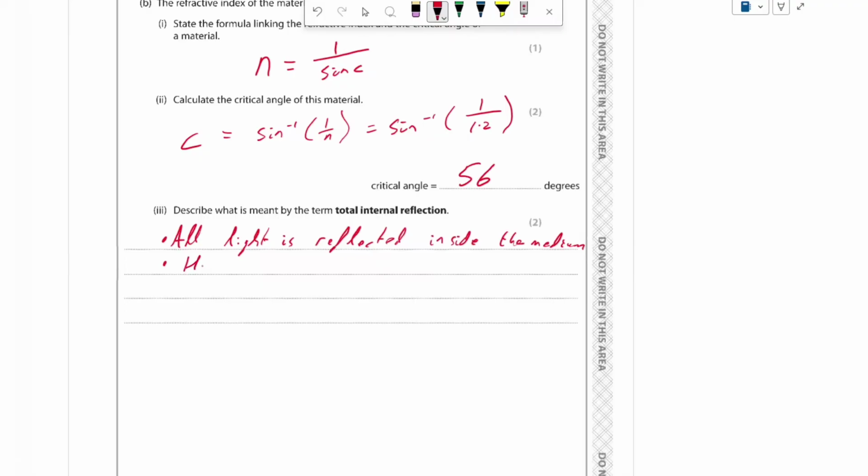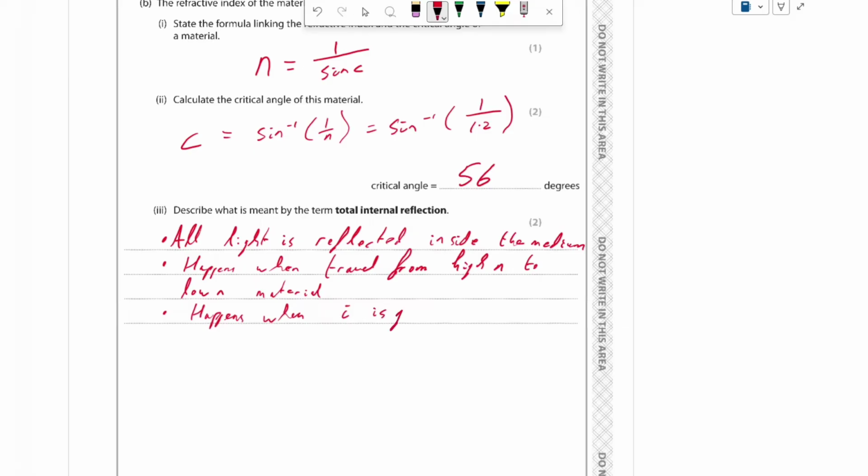It only happens when you travel from a high refractive index material to a low refractive index material. And it also happens when angle of incidence is greater than the critical angle.